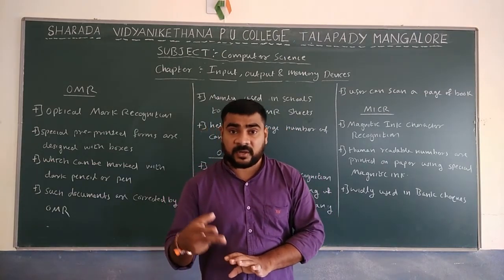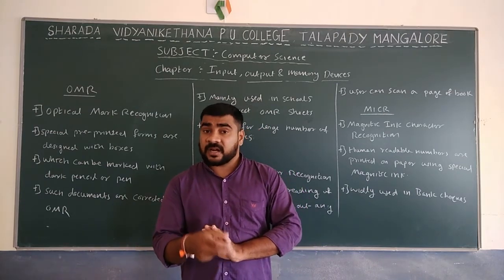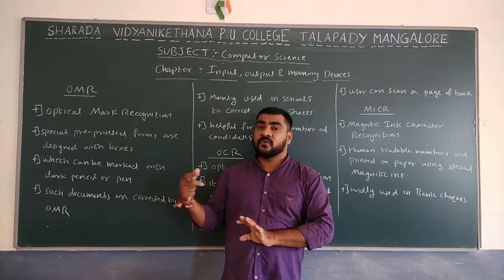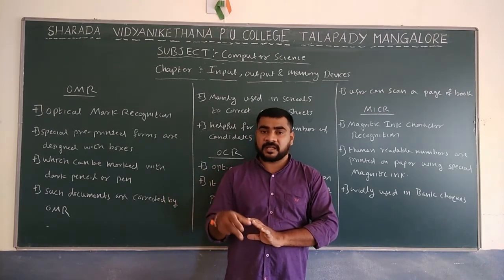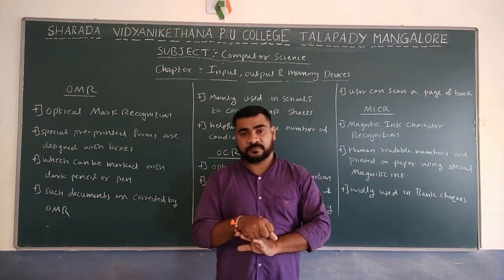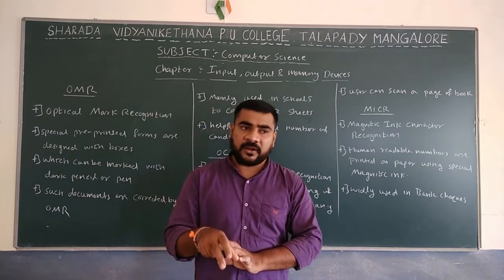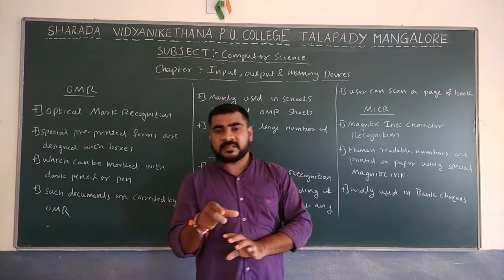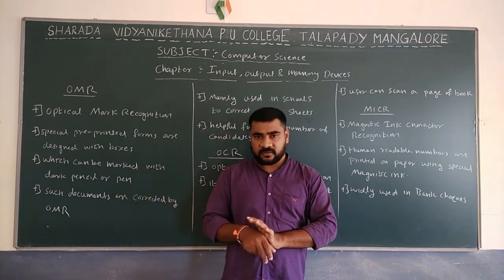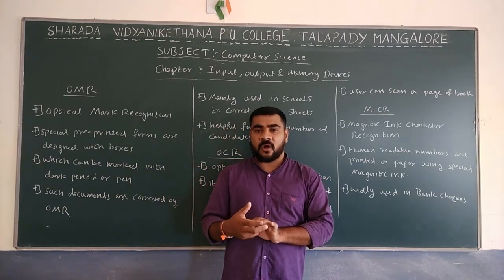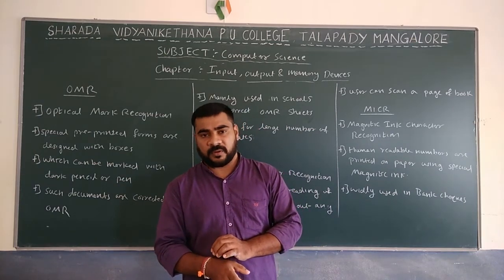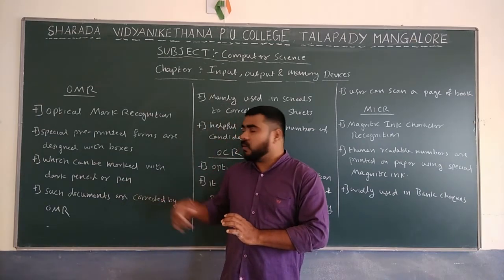It is very difficult to correct them manually. So we make use of OMR, which corrects the papers very accurately. Normally you can say accuracy will be 100% because a machine reads the paper. Based on the instructions, it will correct the answers properly. Like that we can make use of the OMR.